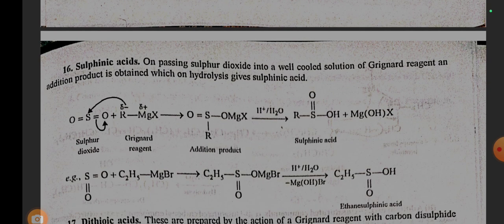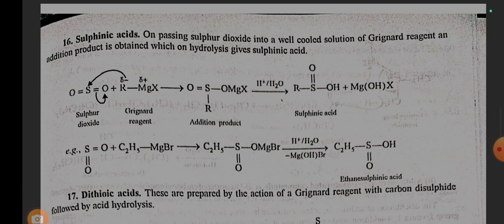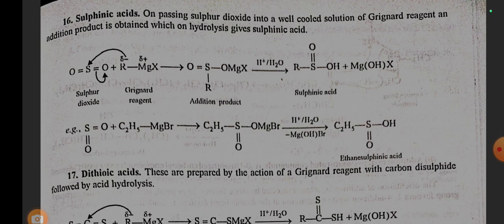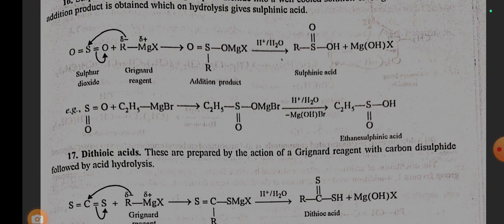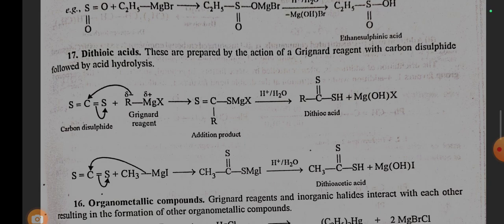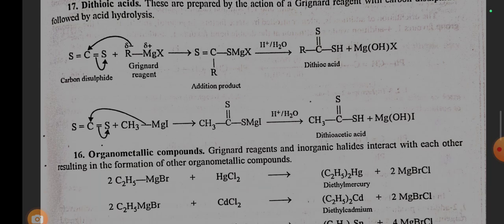16. Sulfonic acids. On passing sulfur dioxide into a well-cooled solution of Grignard reagent, an addition product is obtained which on hydrolysis gives sulfonic acid. Sulfur dioxide plus Grignard reagent gives a product which on hydrolysis gives sulfonic acid plus Mg(OH)X. 17. Dithioic acids. These are produced by the action of Grignard reagent with carbon disulfide followed by acid hydrolysis.